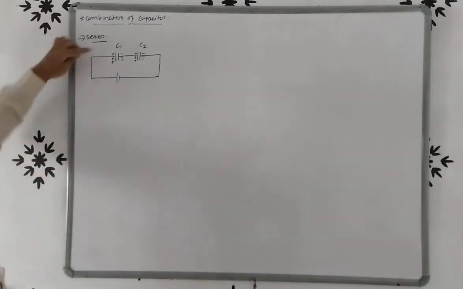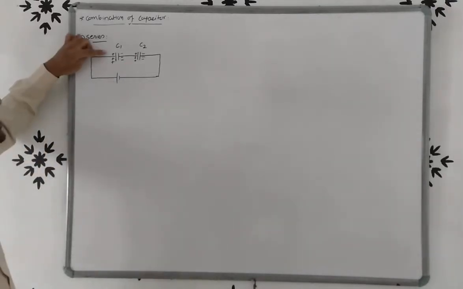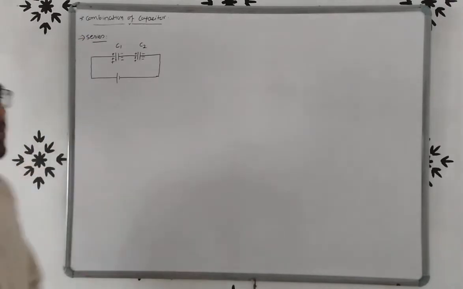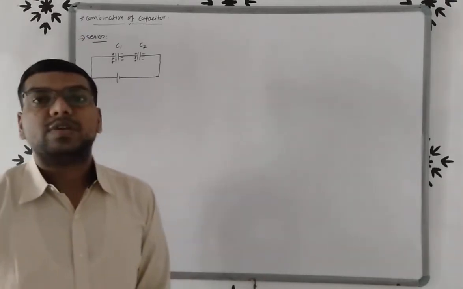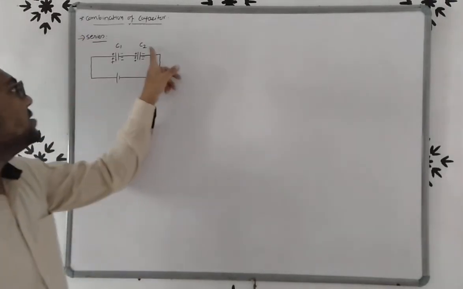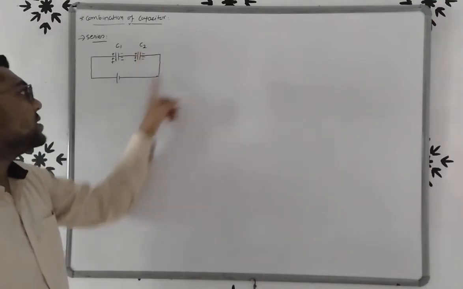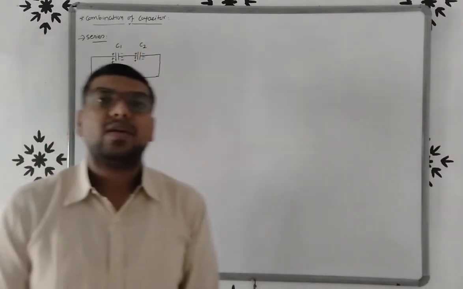The first plate of C1 is connected to the positive terminal of the battery, and the second plate of C2 is connected to the negative terminal of the battery.